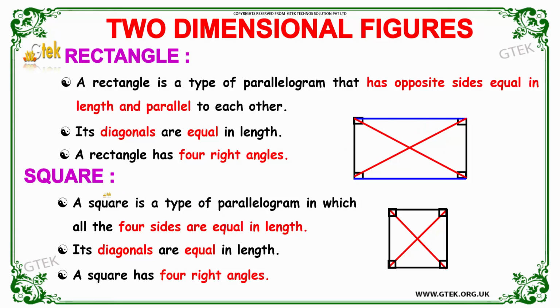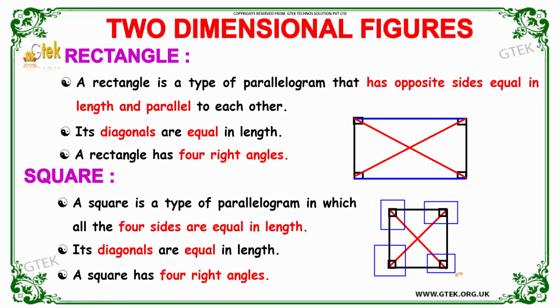In case of a square, it is a type of parallelogram in which all the 4 sides are equal in length and they are parallel. The diagonals will also be equal in length. So your diagonals are also equal, including the right angles, which are the 4 angles in a square.